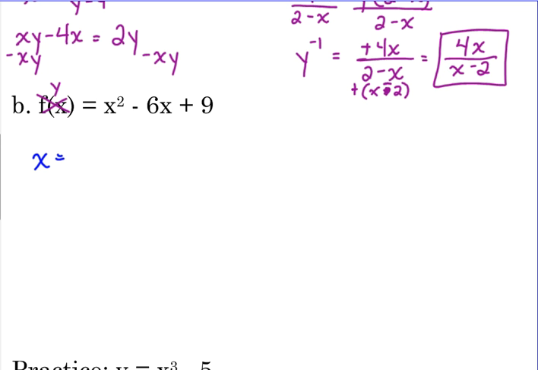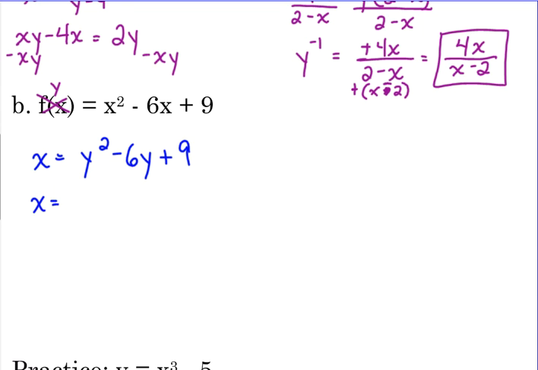We've got x is equal to y squared minus 6y plus 9. If we're trying to get y by itself right here, we've got a y squared and just a plain y. We can't truly isolate the y unless we're able to factor this right side.